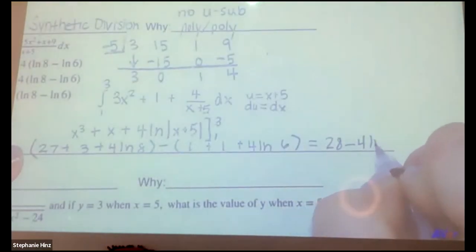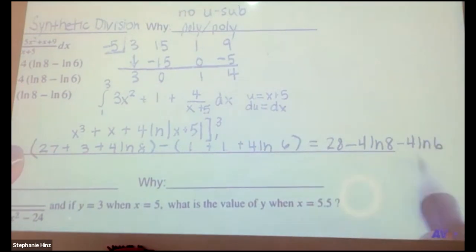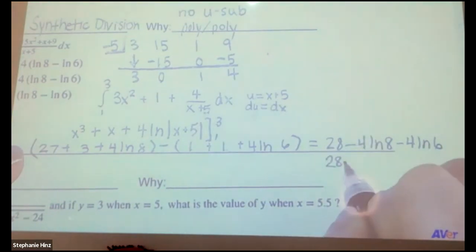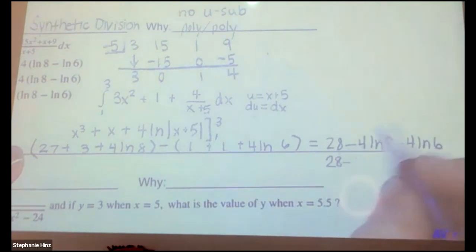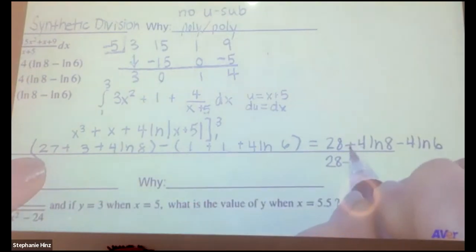And they are not like terms. I believe in the answer, they factor out a 4. So if they factor out a -4, actually. And so we would end up with 24. Let's see. That should be a plus. So plus 4 natural log of 8.